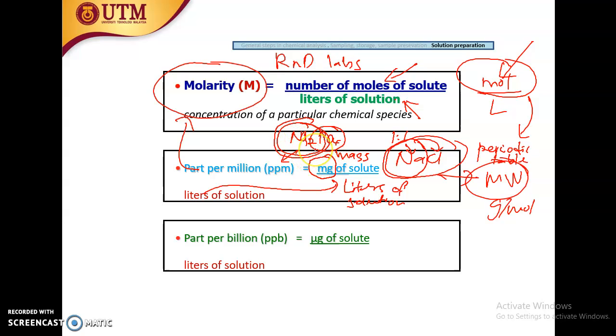Another thing is that part per million means how many milligram in 1 liter of solution. That means in a very big solution, how many milligram are available. Another unit that is more for trace level, meaning that it's really small, is part per billion.